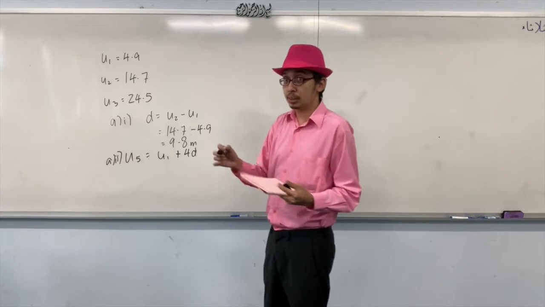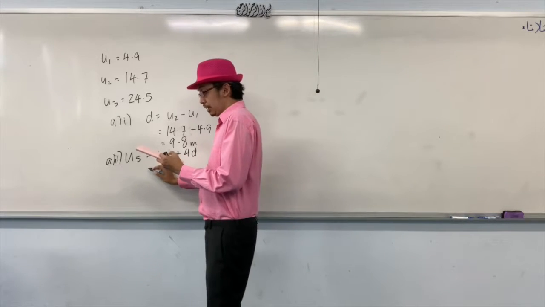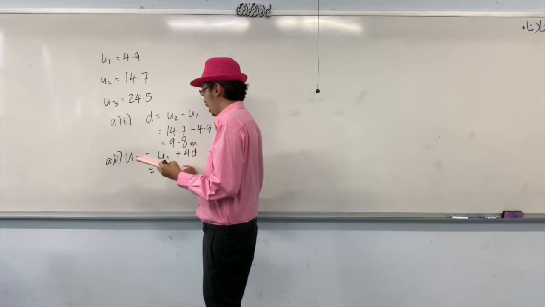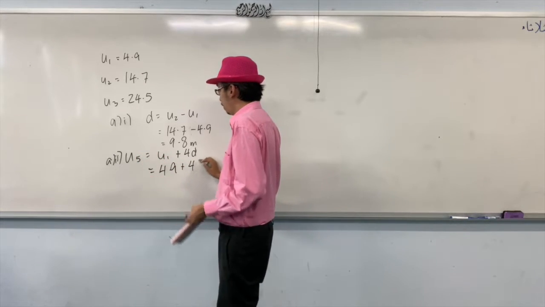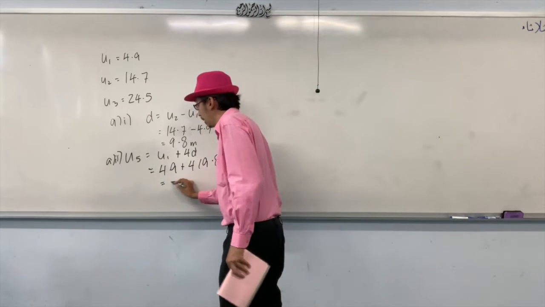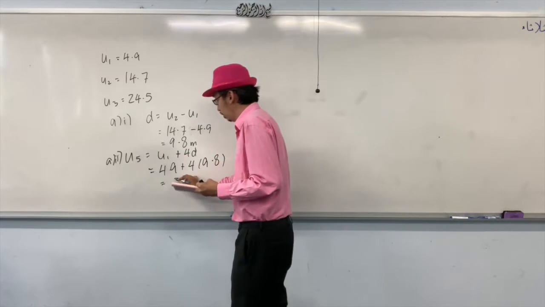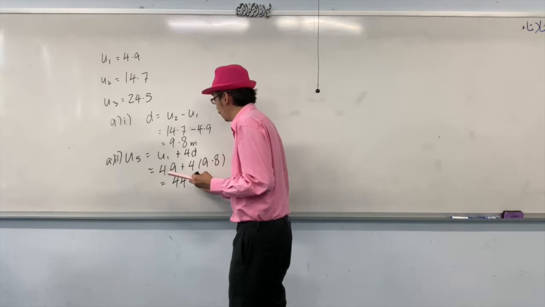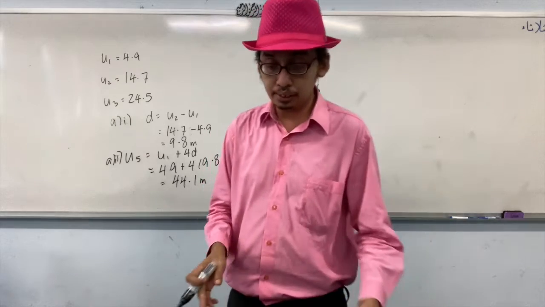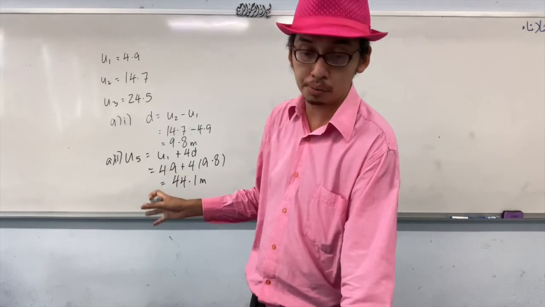So this is going to be 4.9 plus 4 times 9.8, which gives the answer of 44.1 meters. Rather straightforward question. If you know your formula, everything will be quite simple.